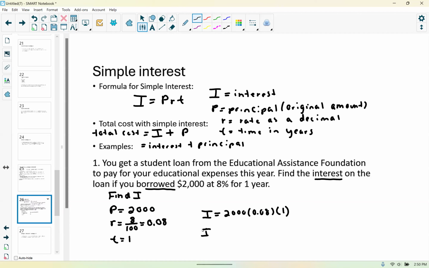I usually just type this all into my calculator at one time. If you want to do it in parts, you would multiply left to right. So you'd multiply 2000 times 0.08, which is 160. And then you would multiply that by 1, which is just 160. And so that is the interest that we earned. And that's what the question asked for. So we're done. We don't need to find anything else.